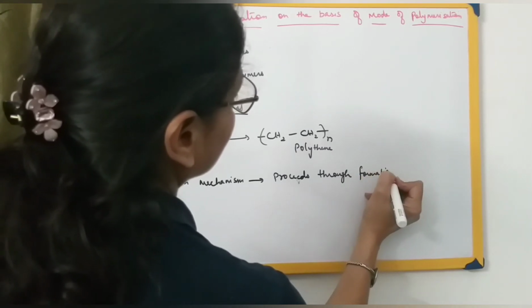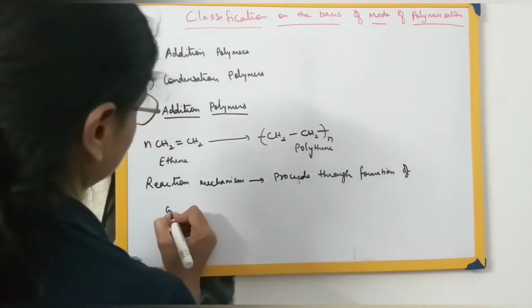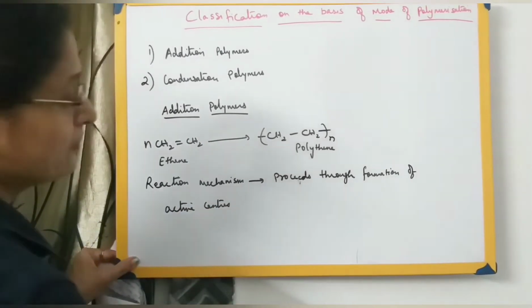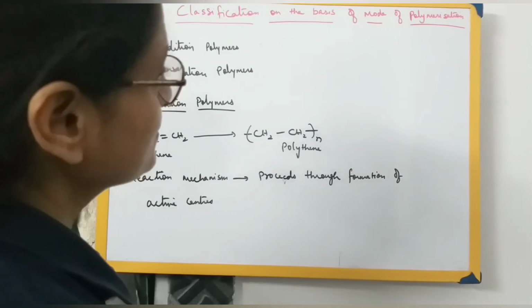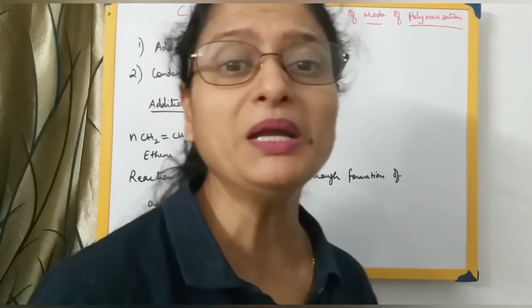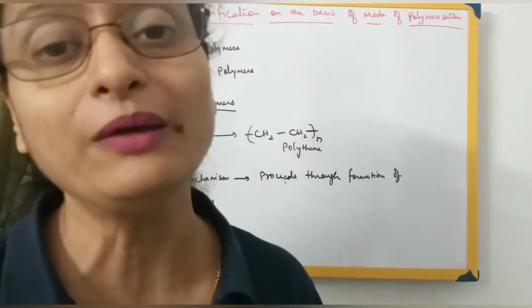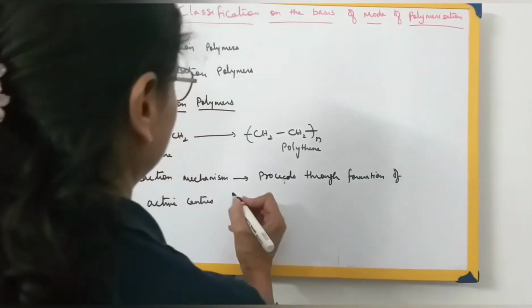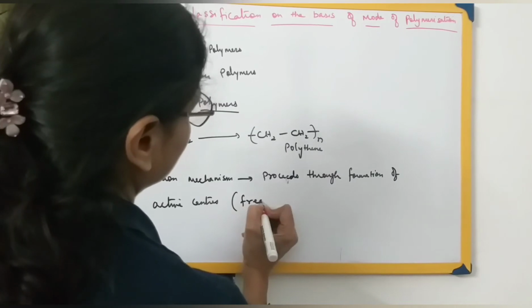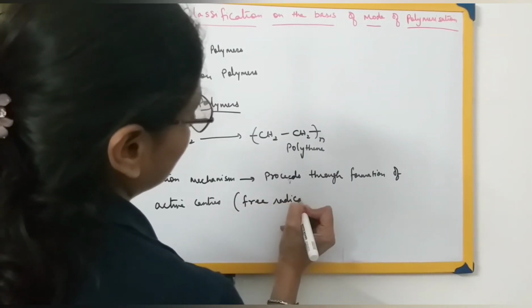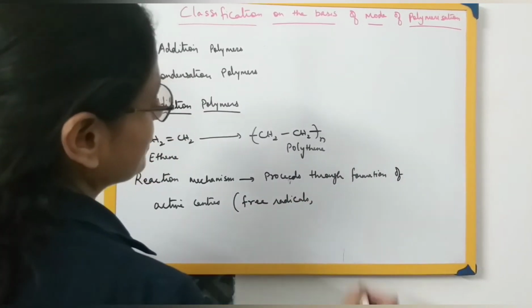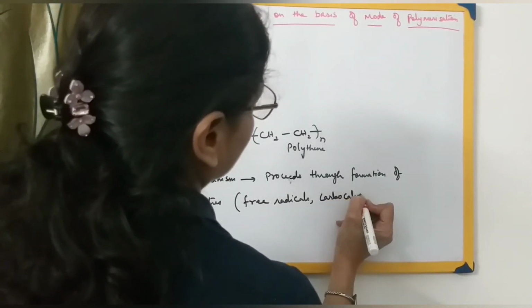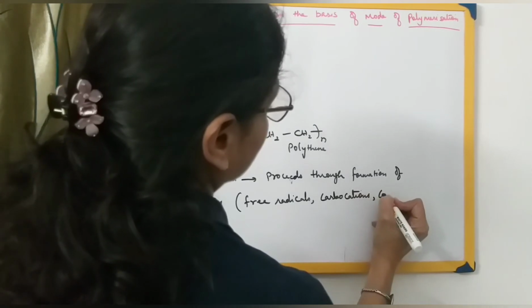Formation of active centers. What are the active centers? Active centers are intermediate species which will be active. When will they be active? Suppose they form free radicals, or carbocations, or carbanions.